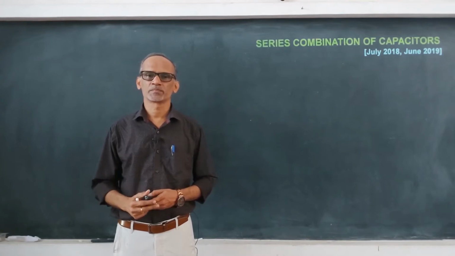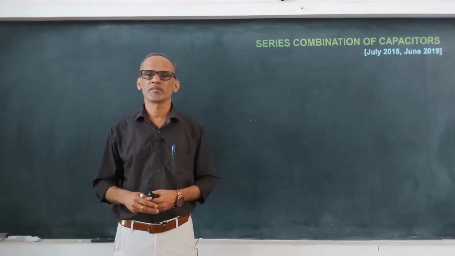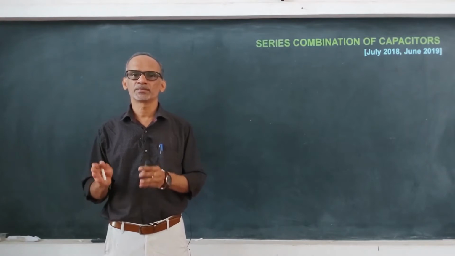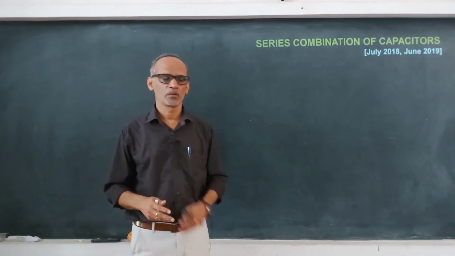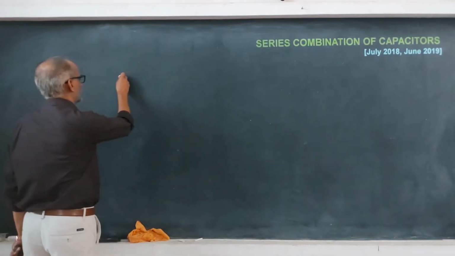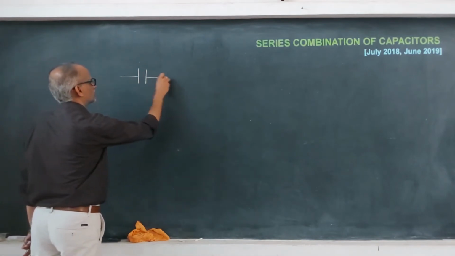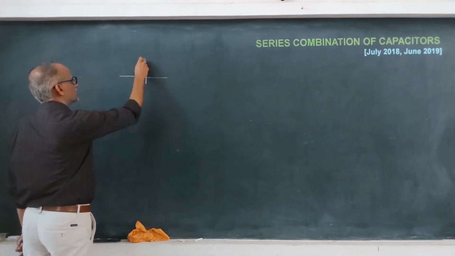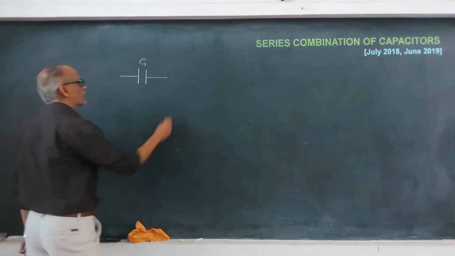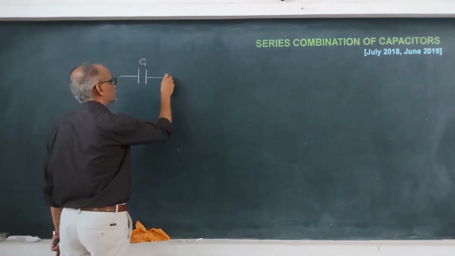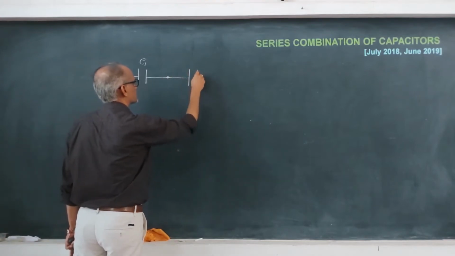Series combination. Now, what do you mean by series combination? Series combination is also called end-to-end combination, where we have one capacitor having 2 terminals, and let C1 be the capacitance. One end of it is joined to the other like this.